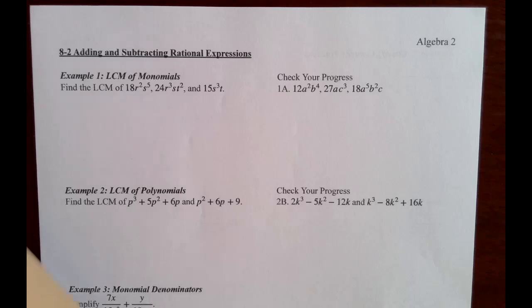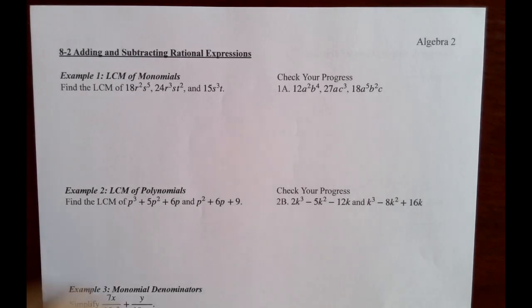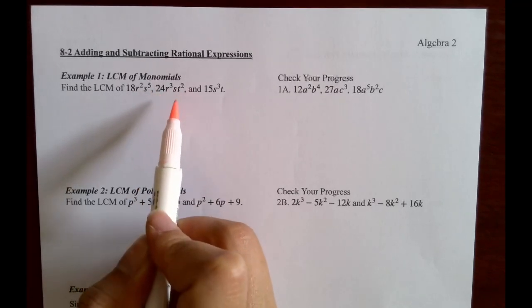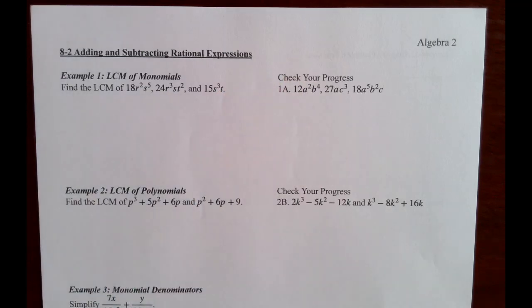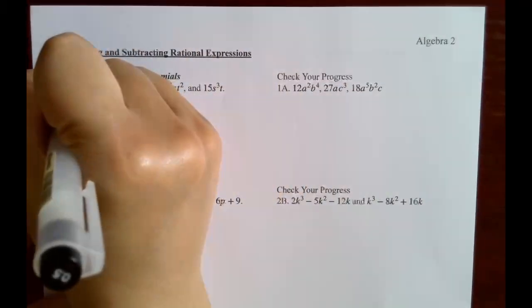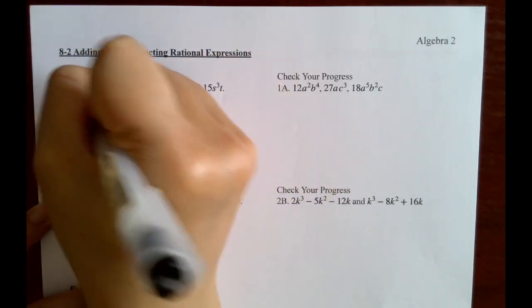monomials, basically. So the first thing we're going to look at is our coefficients. Here we have 18r squared s to the fifth, 24r cubed s t squared, and 15s cubed t. For each of these, we're going to break it down into its factors. So 18r squared s to the fifth.